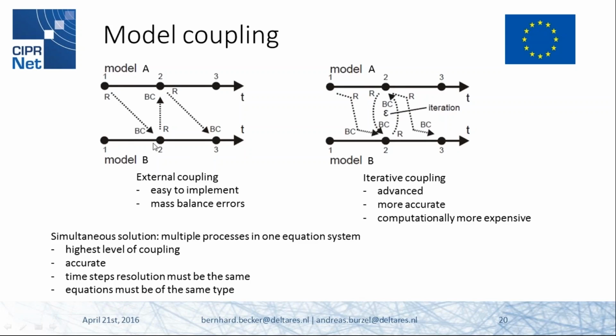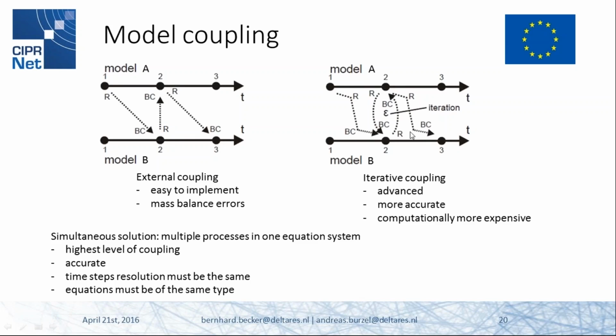And then model B could proceed to the second time step. It will produce results itself, and these are used then as boundary conditions for model A, and model A can compute the second time step, and so on. So there's a time lag here. Model A gets fresh data from B, but B gets outdated data from model A.